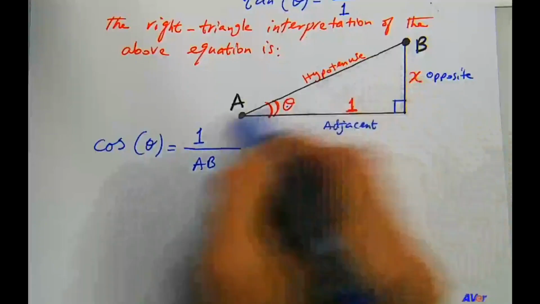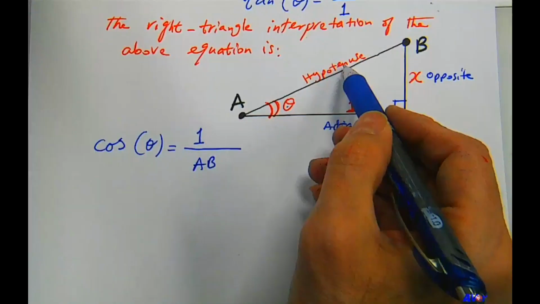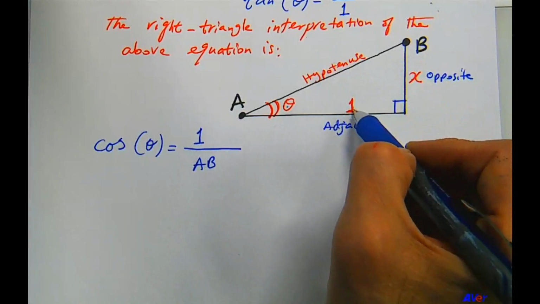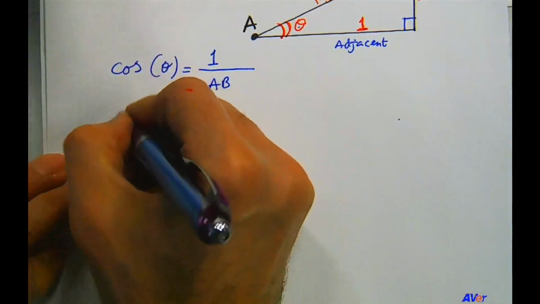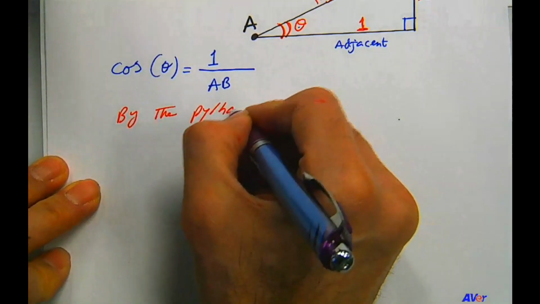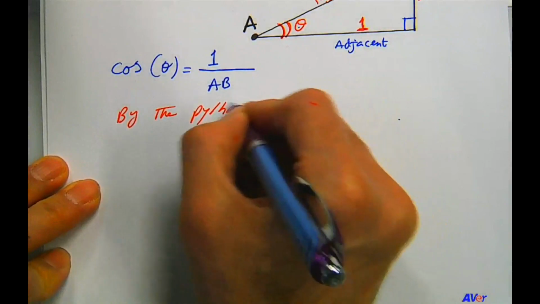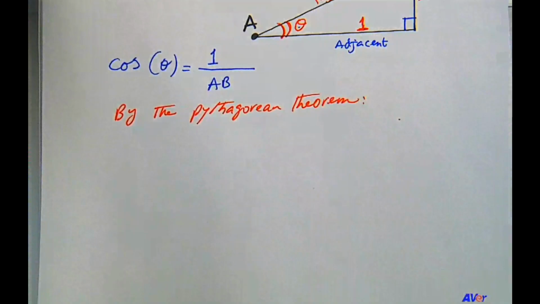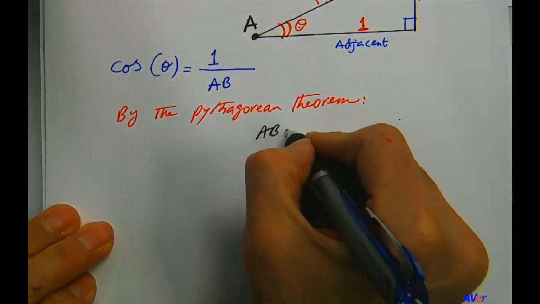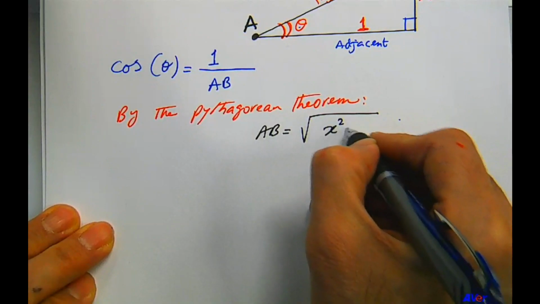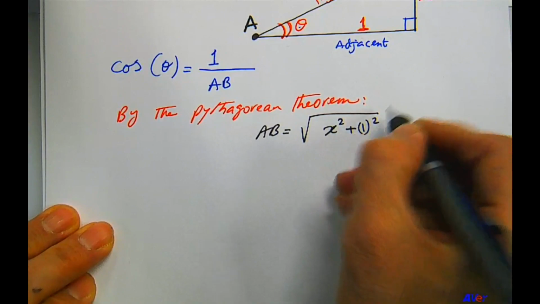So we don't know AB, but by the Pythagorean theorem we can easily figure it out, right? AB would be equal to square root of x squared plus 1 squared.